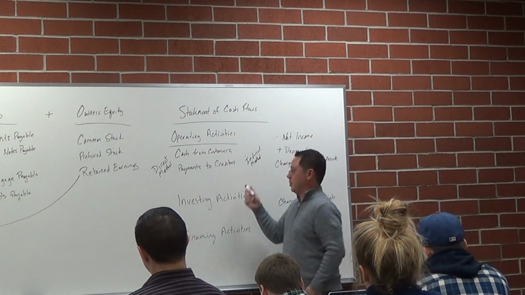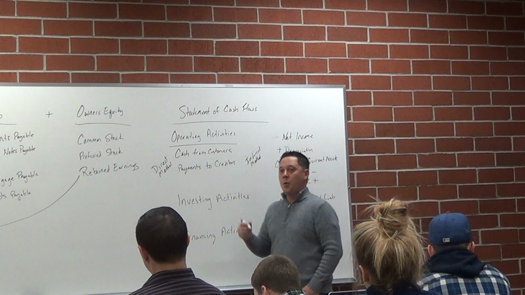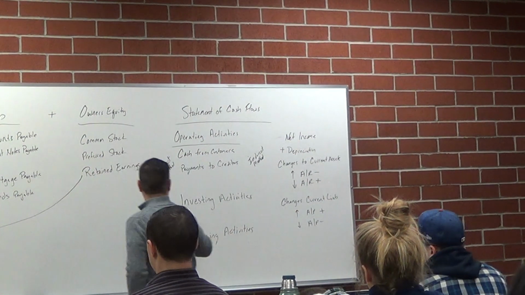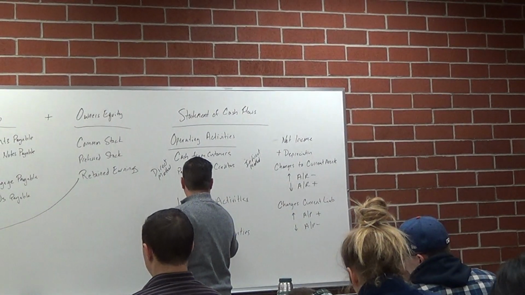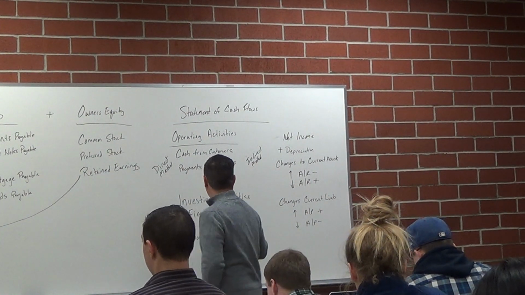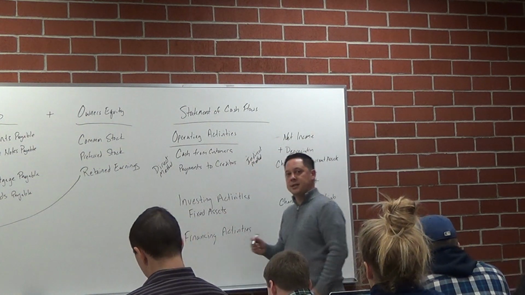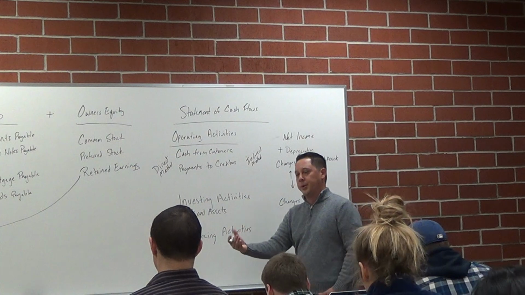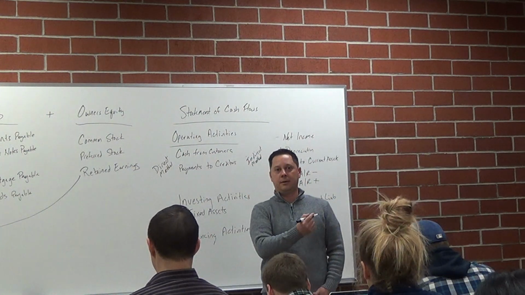Direct method, indirect method. Investing activities, what you're looking at there is fixed assets. Fixed assets, I'll give you an example. Typically, these are fixed assets, and it's things that you're using for your operation. So changes, if I sold my building, that's cash in.